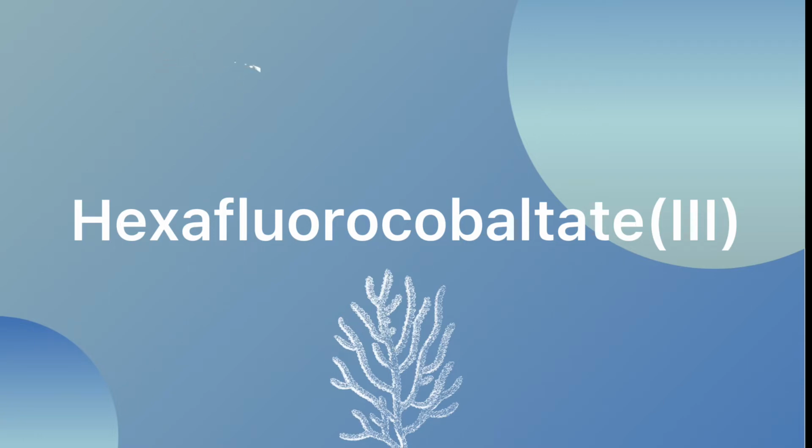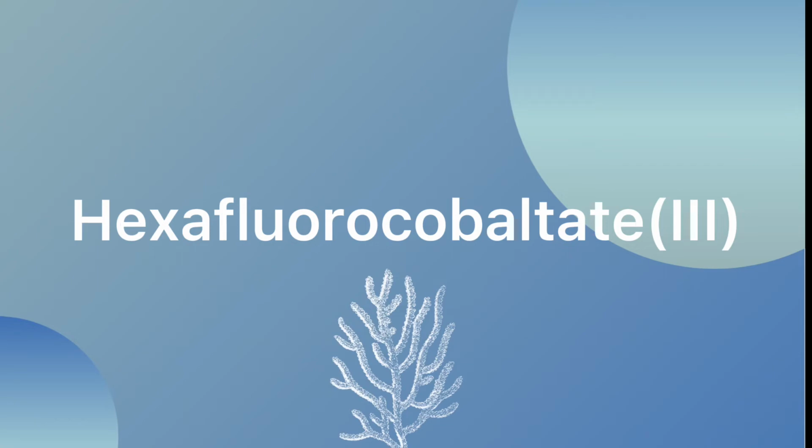The complex ion is an anion, so the name of the metal ends with the suffix -ate. Cobalt in a complex anion is called cobaltate. Following the name of the metal, the oxidation state of the metal in the complex is given as a Roman numeral in parentheses.